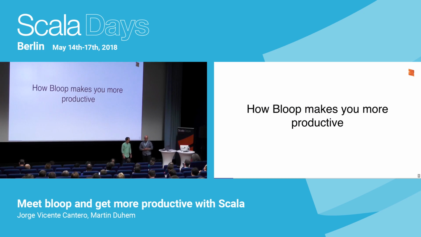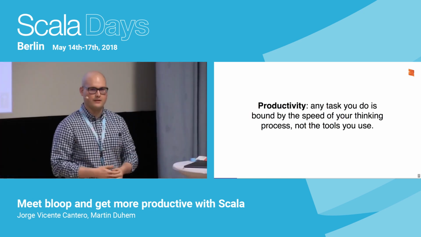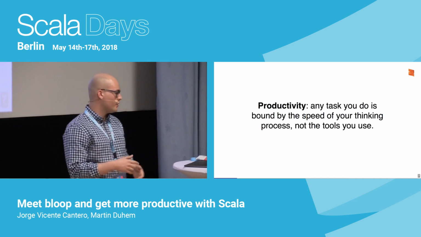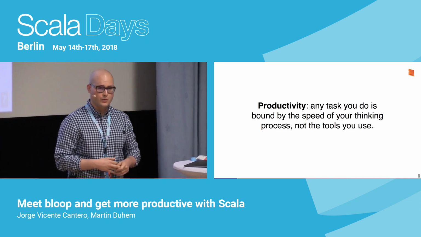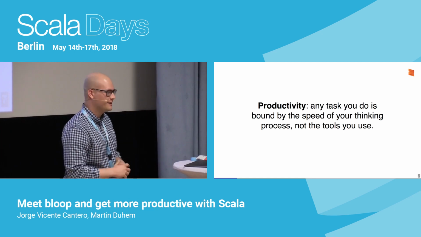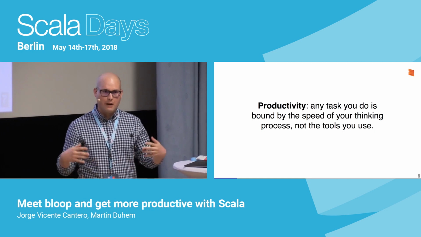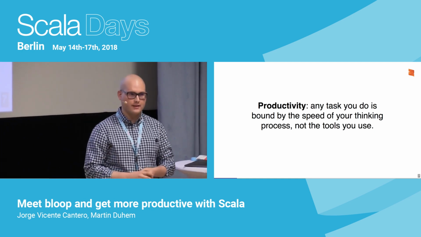So in this talk, we're going to dive into detail about how Bloop makes you more productive. And of course, in order to claim that, I need to define what productivity is. We define productivity as you being bounded by your thinking process and not the tools you use.